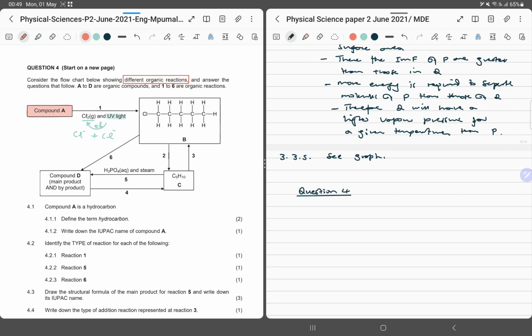Now we can see that we've got a situation here. We've got 4 carbons. If we've got 4 carbons and all we added was just a halogen or a halide, technically it means this compound is also 4 carbons. But now we only have 1 halogen atom added, instead of the 2.